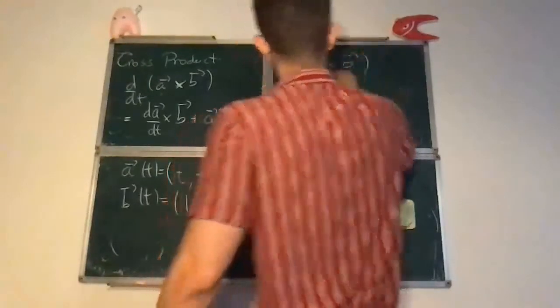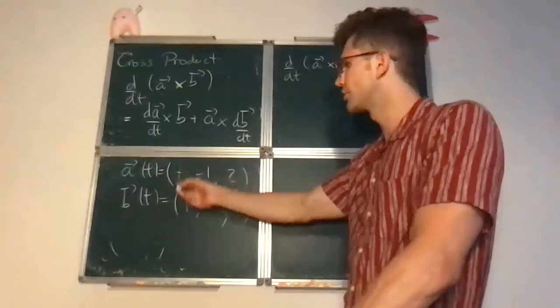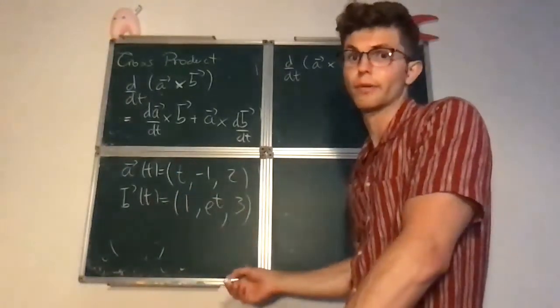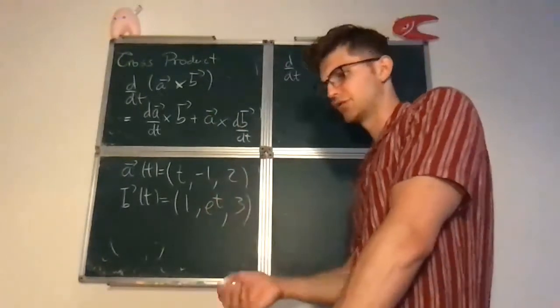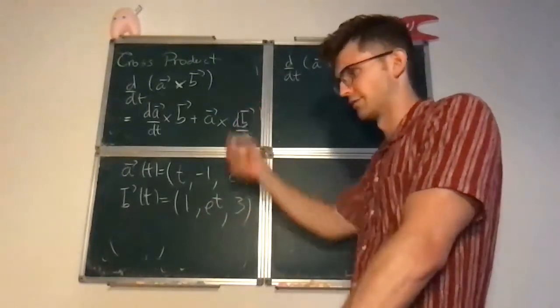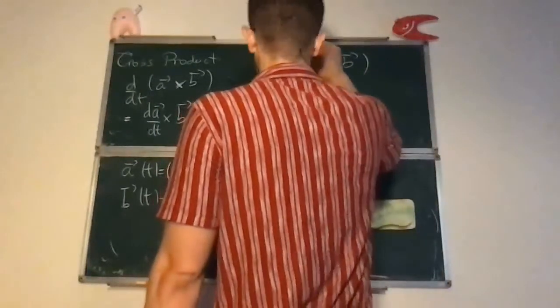A and B, again, since here we have concrete expressions, you could do the cross product first and then take the derivative of that, but that would not be illustrating the cross product rule. The next video will show you that it is actually useful to have this rule. But for now, let's just assume that this is something interesting to do.